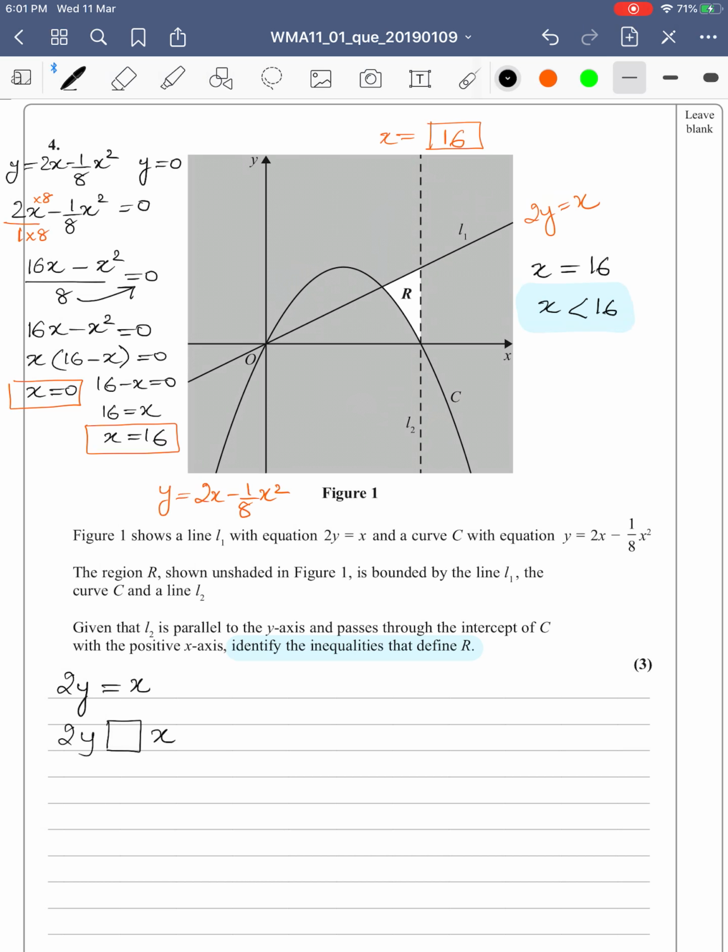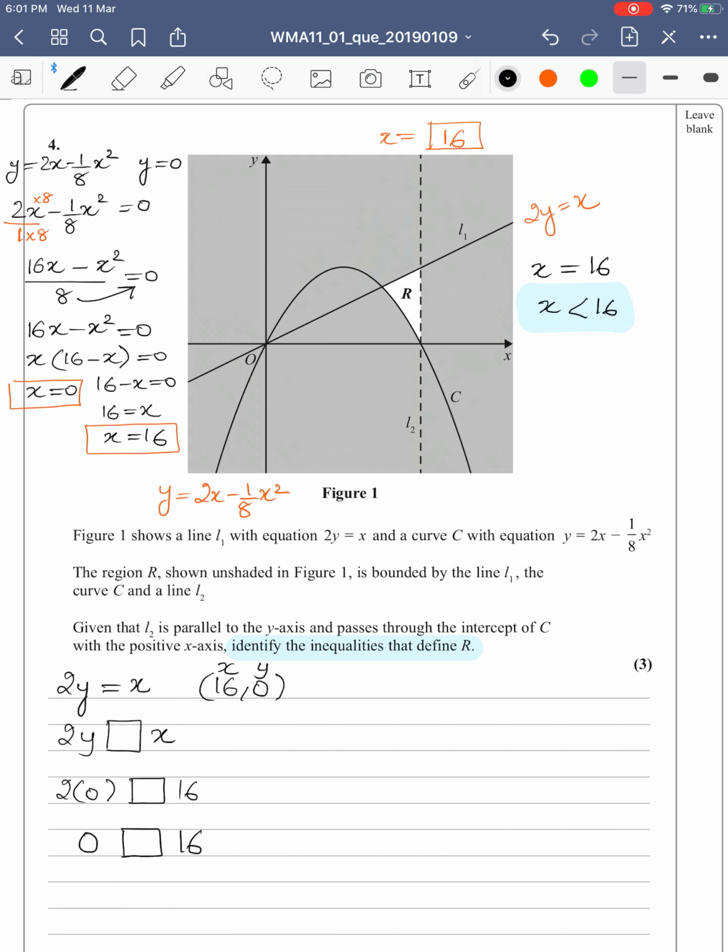So let's take my test point as 16, 0, which means my x coordinate will be replaced by 16 and my y coordinate will be replaced by 0. So 2 times 0 and x will be replaced by 16. So I have 0 and 16.